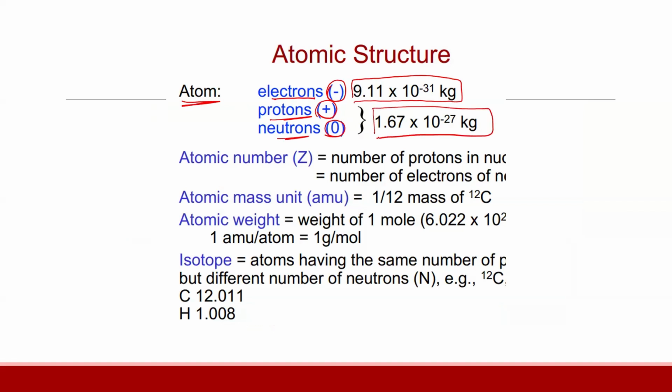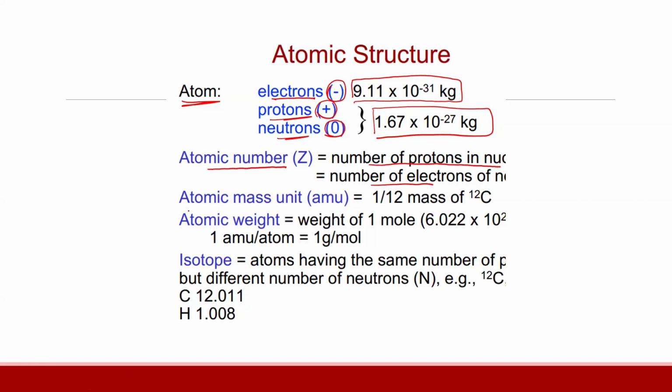You don't need to remember these numbers, just understand that protons and neutrons are heavier and stay at the middle, and electrons are not that heavy, orbiting around the nucleus. We discussed the atomic number. The atomic number is the number of protons in the nucleus, and it is equal to the number of electrons, because positives and negatives are equal. I already told you that.